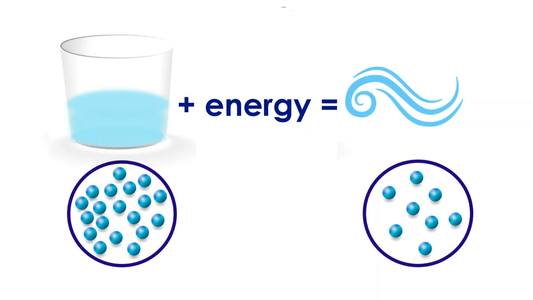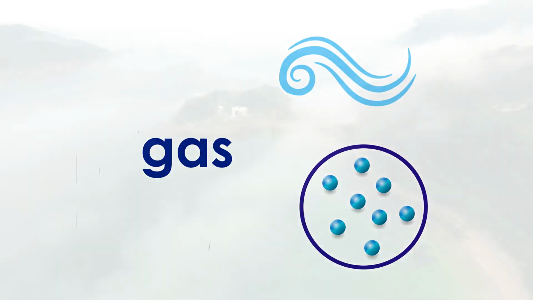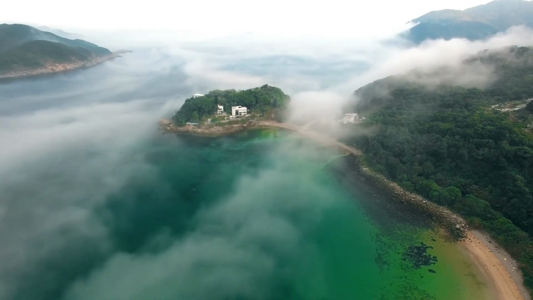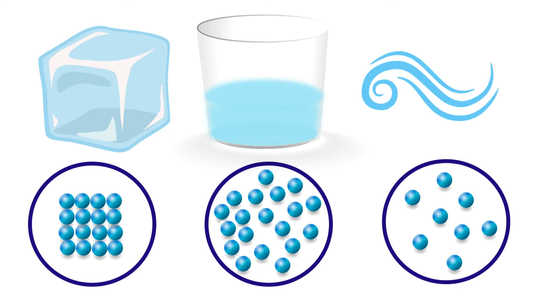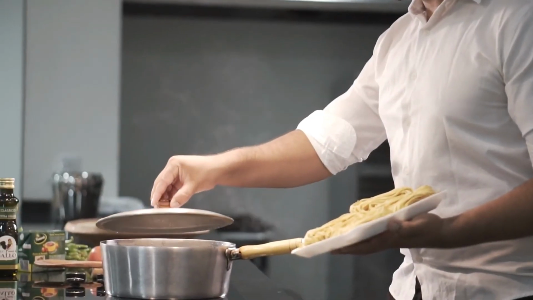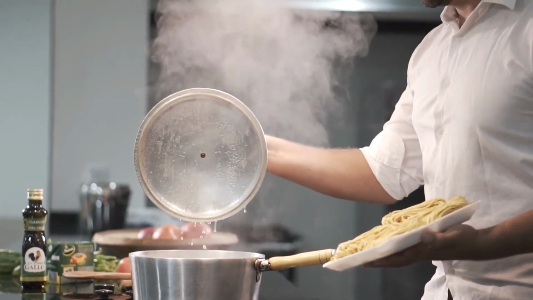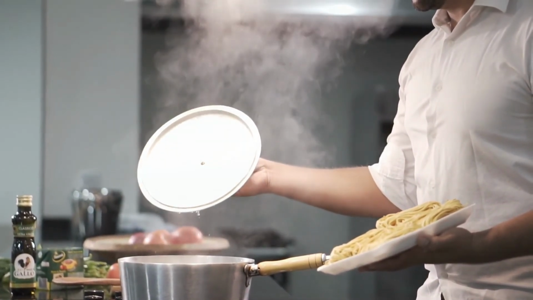If you add more energy to the liquid, it changes into the gas state of matter. Does the water vapor keep its shape? No, the molecules in the gas state of matter are even farther apart than in the liquid state. And unless they are closed in a container, they will spread out.